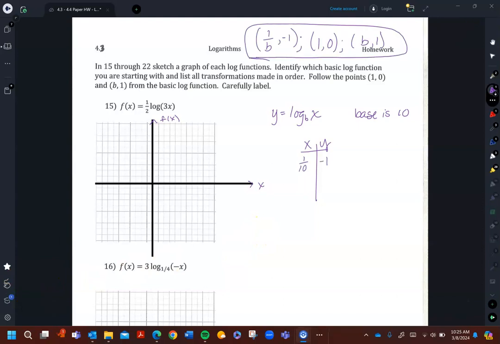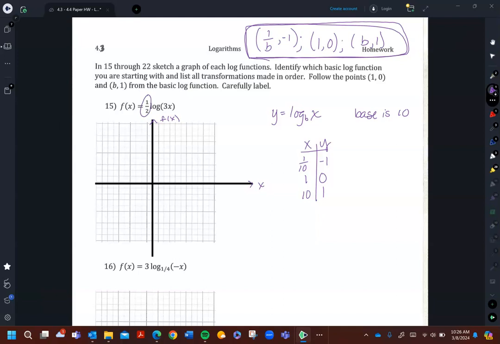I just wrote the points up here for the parent function, and we would list them: 1/10, -1, and then 1, 0, and 10, 1. So that would be your parent, and then we have a vertical compression of a half.